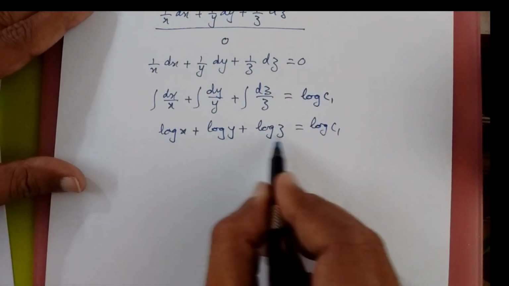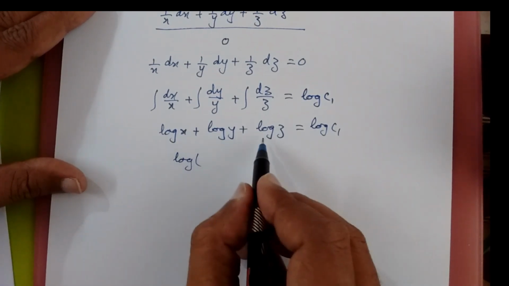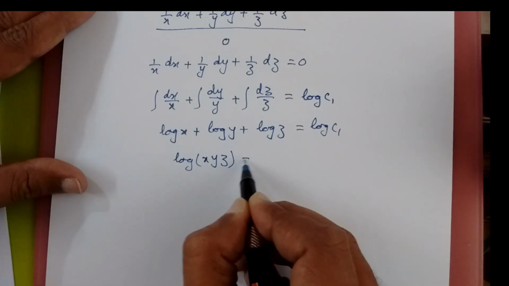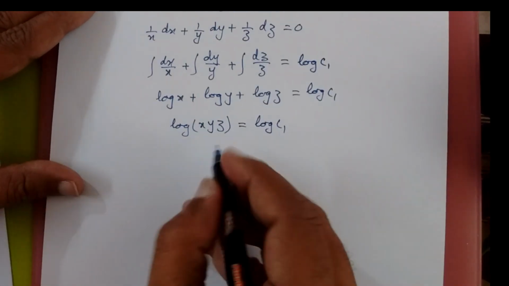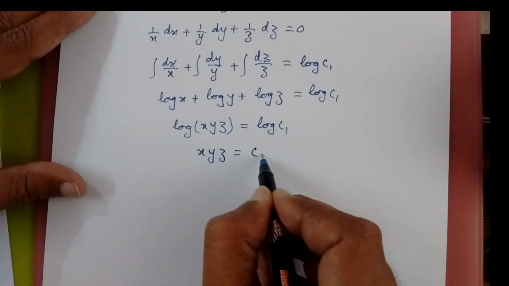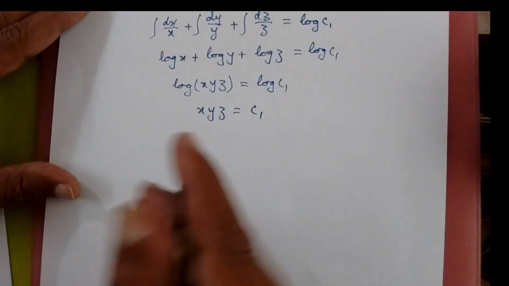Now using the properties of logarithm, log of x plus log of y plus log of z can be written as log xyz is equal to log of c1. If I try to eliminate log from both sides, we will be getting xyz equal to c1. That is the first solution you got.